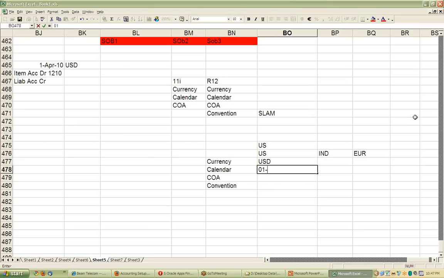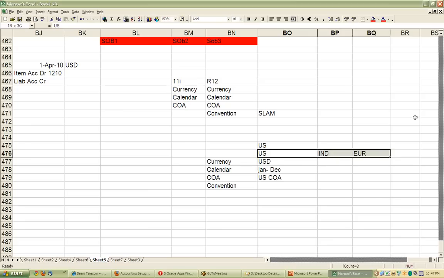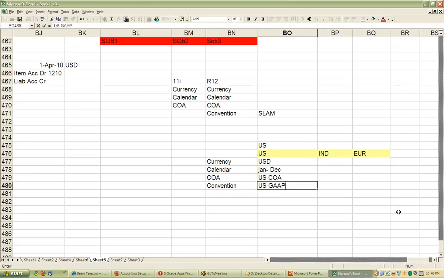Calendar is from January to December. Chart of accounts, let's say it is the US chart of accounts. With chart of accounts, I mean the account codes. And the convention is US GAAP. So based on this, the accounting is maintained at the US company.